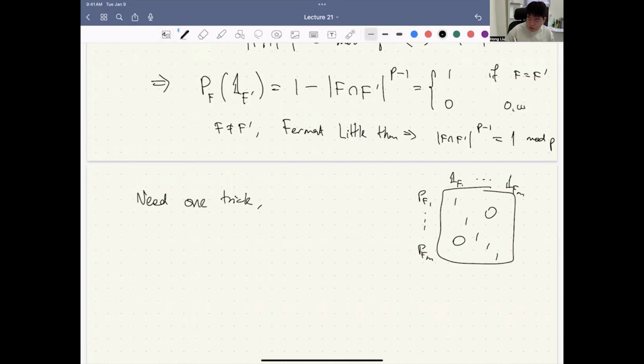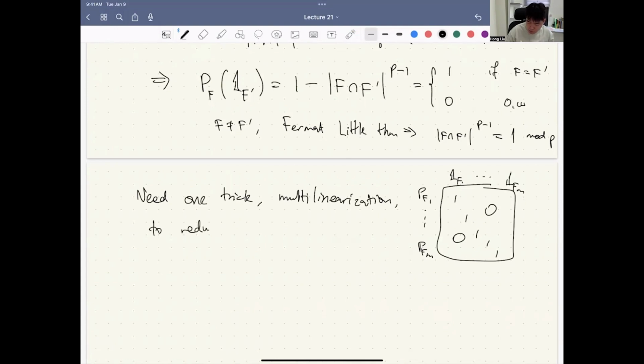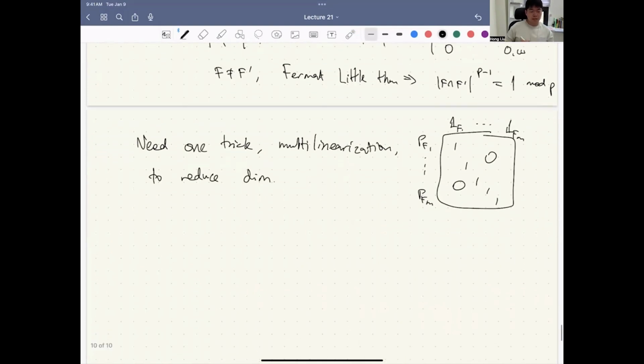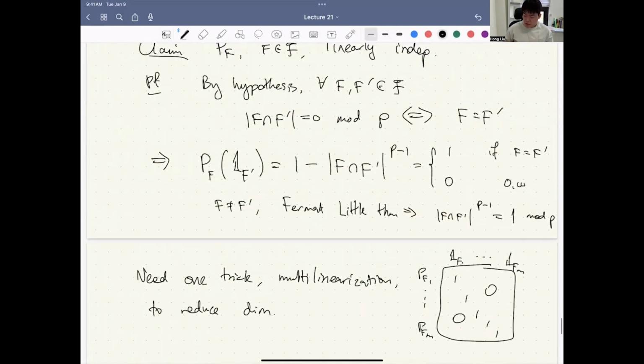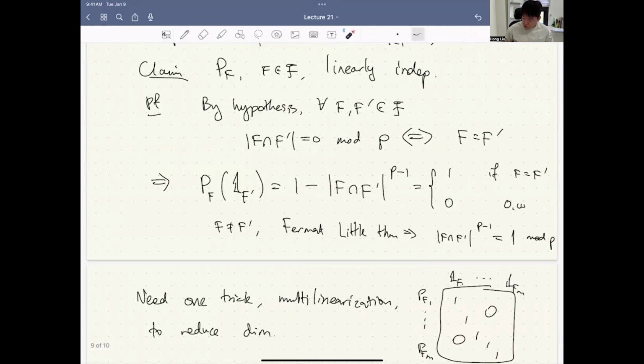One trick, multilinearization, to reduce dimension. So what's the idea? The idea is simple. We have proved already that the points where we evaluate to see the linear independence are 0, 1 vectors.